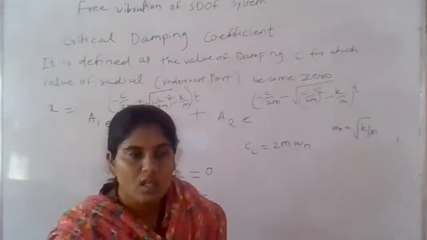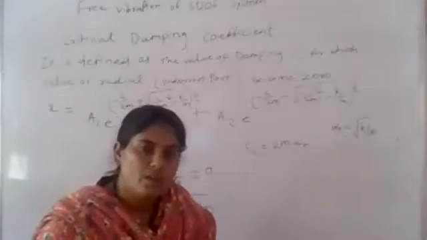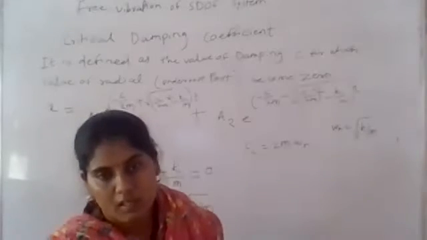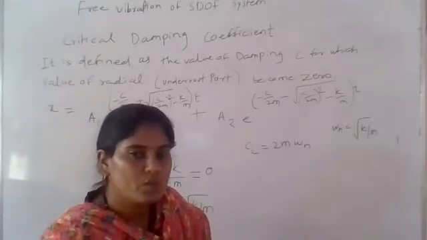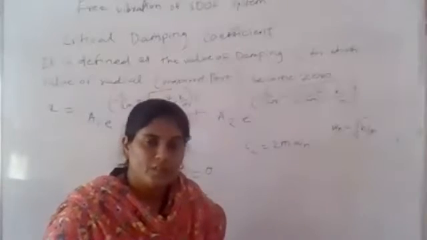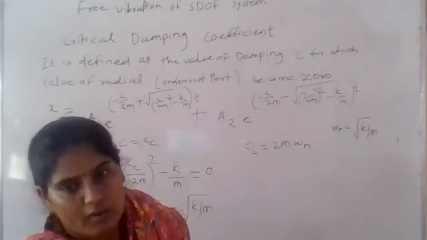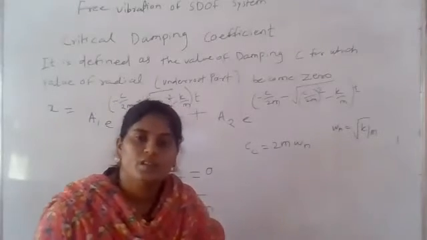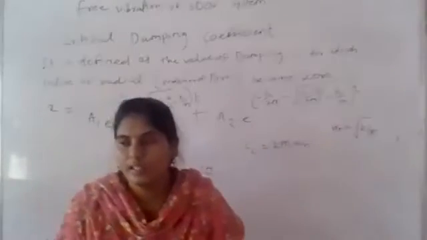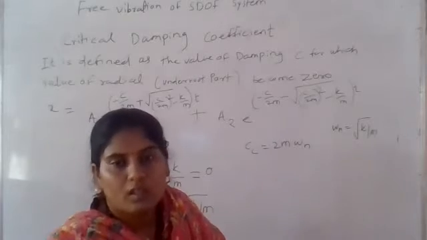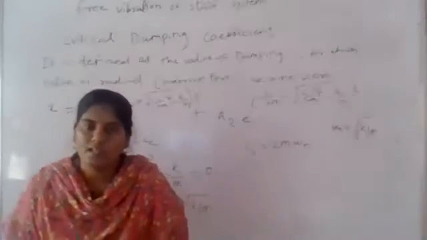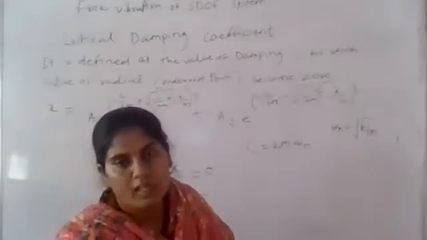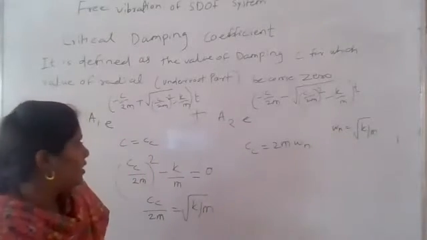To solve this equation, we put in a linear differential equation solution, x of t equals A e raised to st. We already did this in the last lecture. Taking the first derivative, x dot of t, and the second derivative, x double dot of t, and putting these three values into equilibrium equation number 1, we get the values S1 and S2.